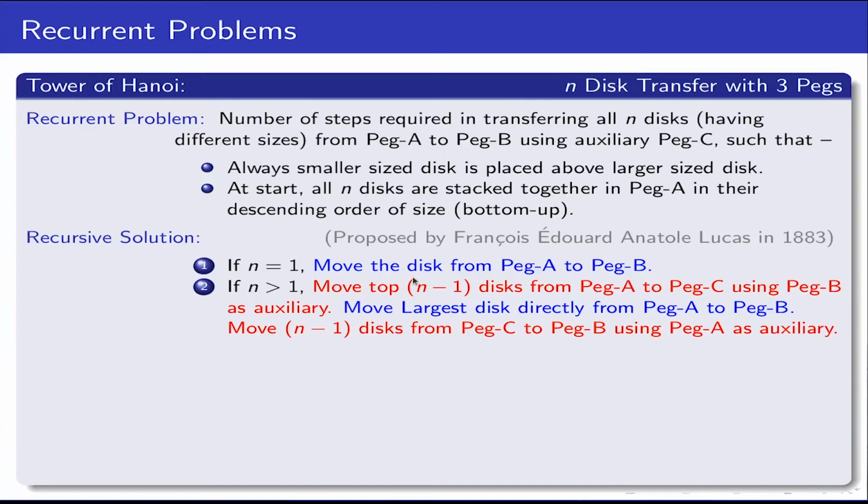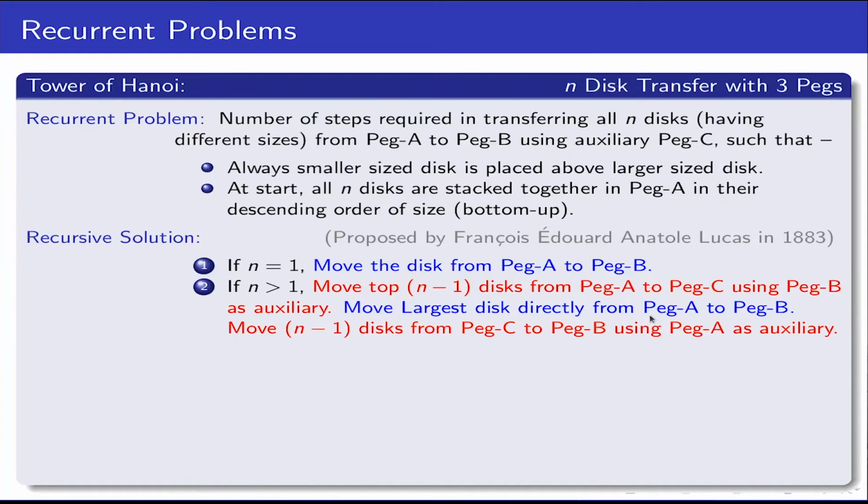So see, the recursive formulation of this problem says that you solve the problem with n disks using n minus 1 disks going from peg A to peg C with B as auxiliary. Therefore, your solution is: A is the source, C is the destination, and B is the auxiliary for these n minus 1 disks.